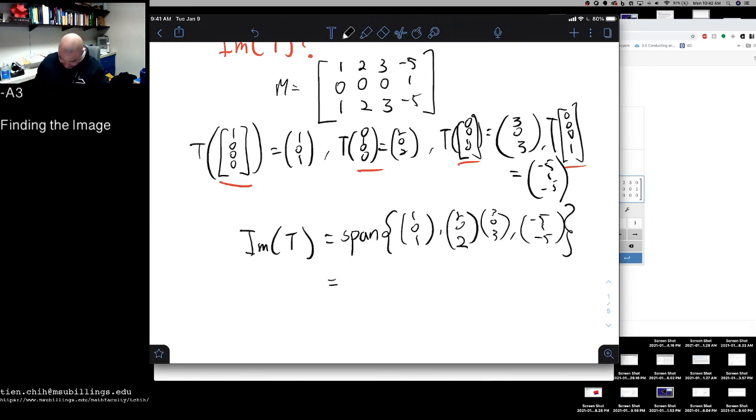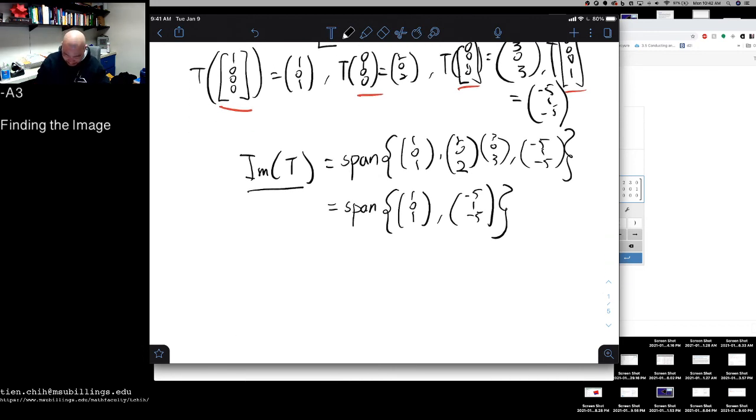So the span of that is also equal to the span of just 1, 0, 1 and minus 5, 1, minus 5. So that is the image of T. And we'll note, since that's the basis and the basis has 2 elements, the dimension of the image of T is 2.